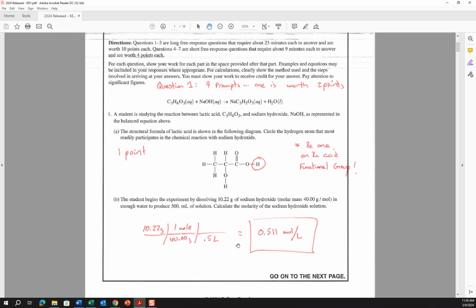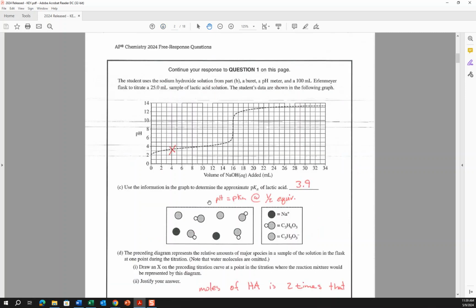So divided by 0.5 liters, that'll give us our molarity. So you could have capital M here, or moles per liter, but you need 3 sig digs because the volume had 3 sig digs. You're good plus or minus 1. So if you just said 0.51, or if you had 0.511, whatever the next digit was, that would be fine as well.